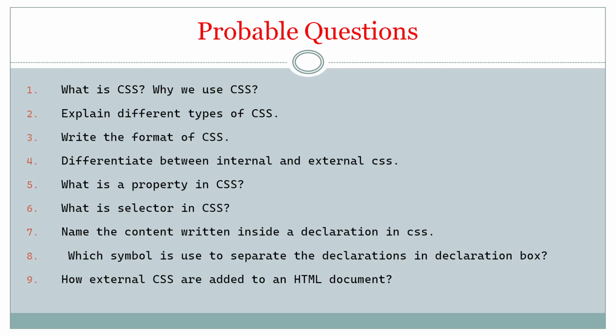Which symbol is used to separate the declarations? It is semicolon. How is external CSS added to an HTML document? External CSS is linked to an HTML document inside the head tag, and that particular line you can write: link rel stylesheet, then href style.css.